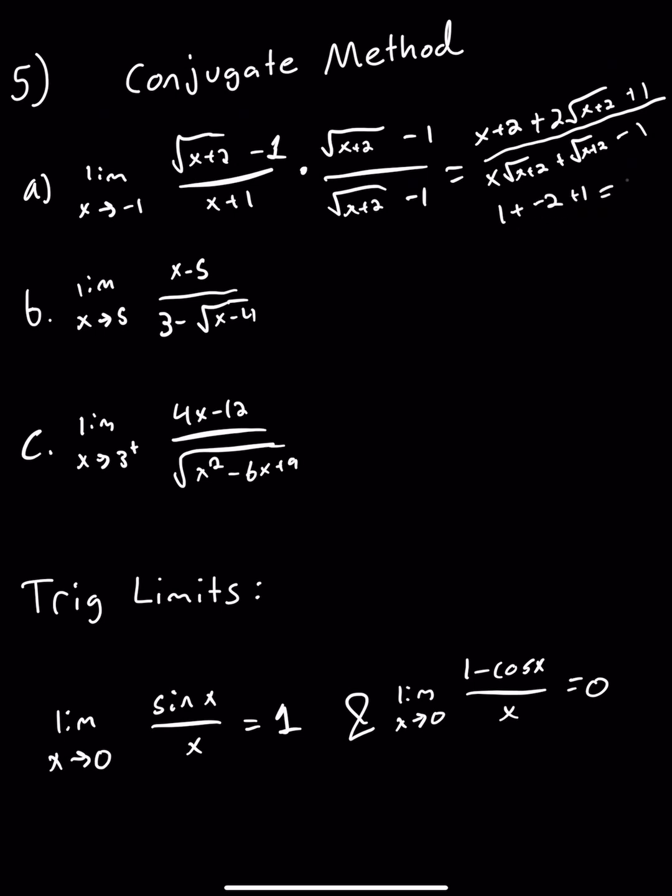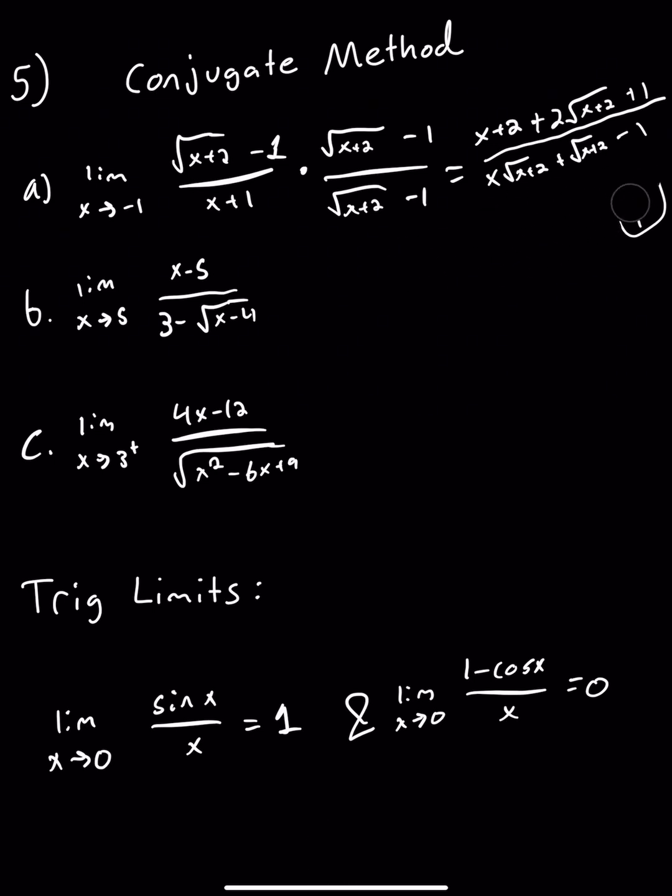So that equals 0 over, this will end up being negative 1 times negative 1, which is just 1, plus 1 minus 1, which equals 1. So 0 over 1. So the limit is 0, but it's an actual limit. It's not a non-existent limit.